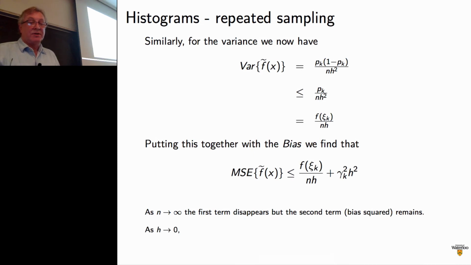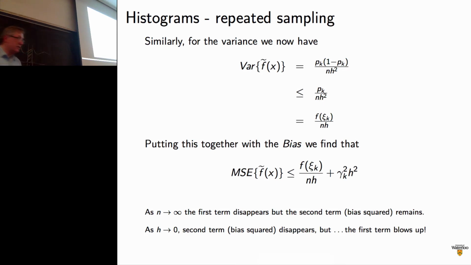As h goes to 0, the second piece, the squared bias, is going to disappear, but this thing for sure is going to blow up. So the mean squared error is going to blow up largely because the variability is getting greater. Bias depends on h, but we can make h small enough to make that bias arbitrarily small. Variance is going to blow up as we make h smaller and smaller.